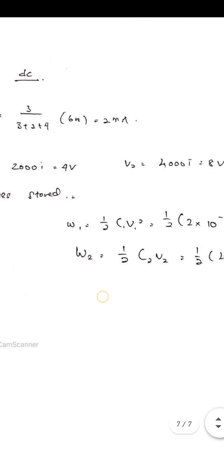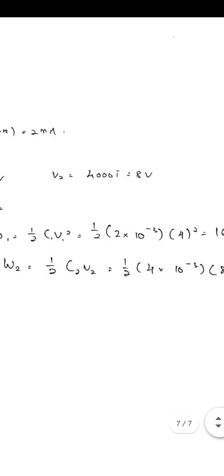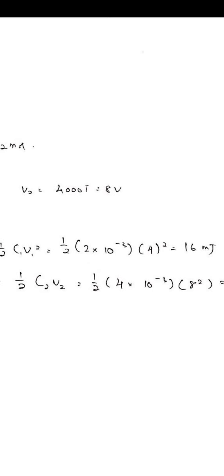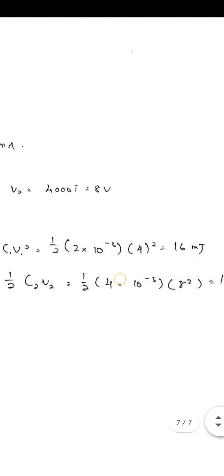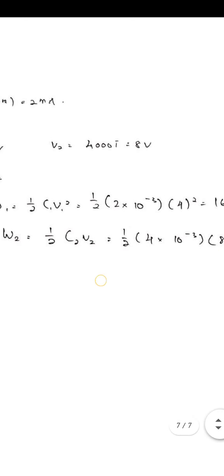So the energy stored is W1 equal to 1 over 2 C1 V1 squared. Substituting the values, 1 over 2 times 2 times 10 to the minus 3 times 4 squared, so we got 16 mJ.